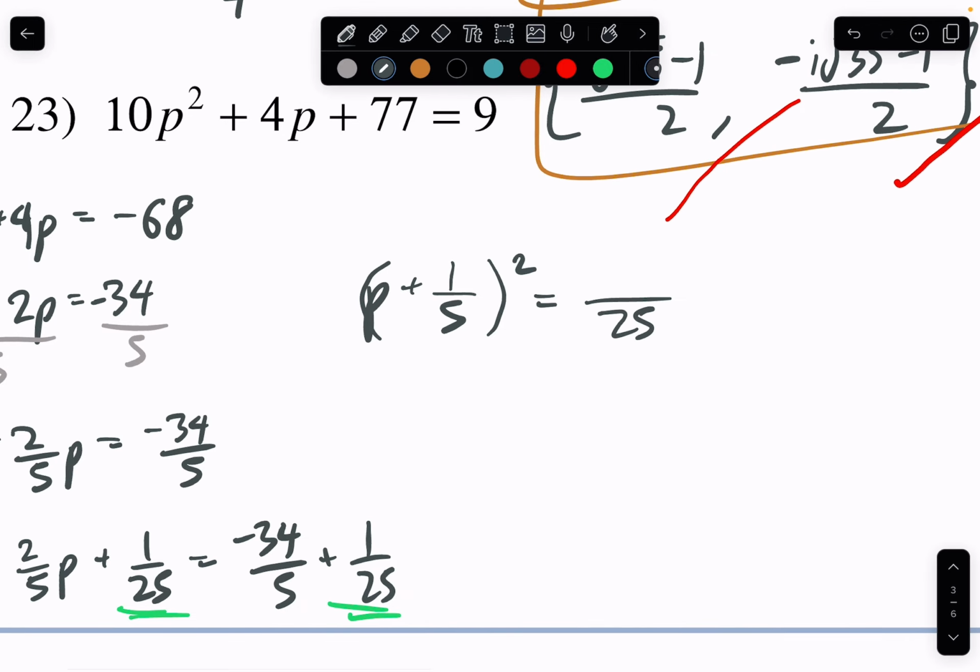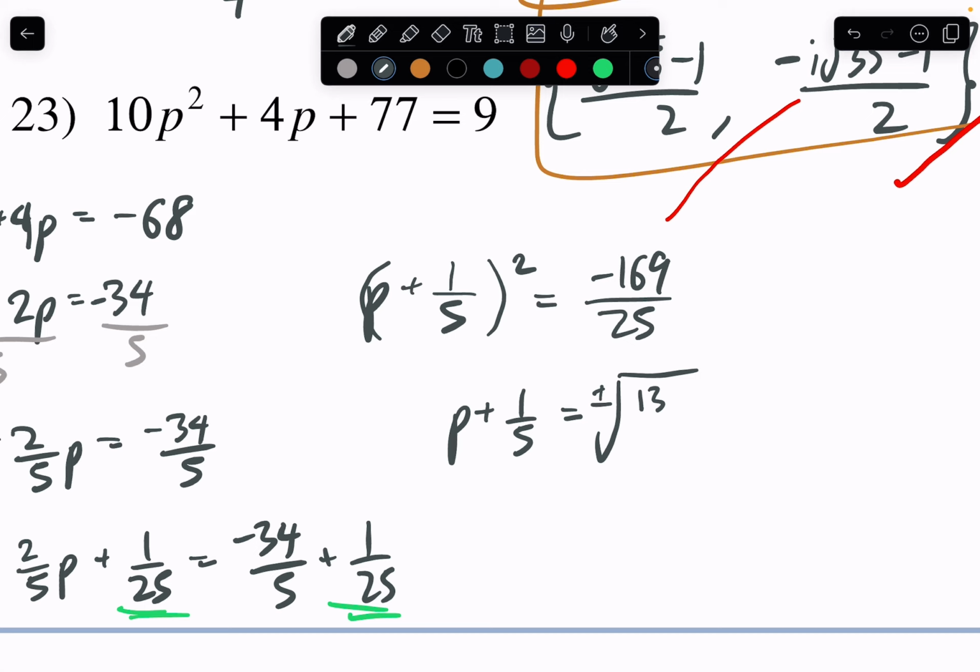And then 25, right? 5 times negative 34. 170. Negative 169. Fair enough. Square root both sides. 13 squared.